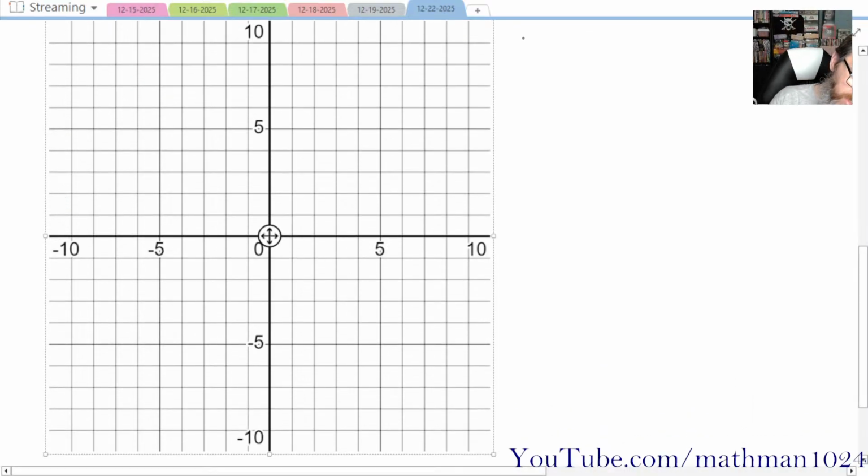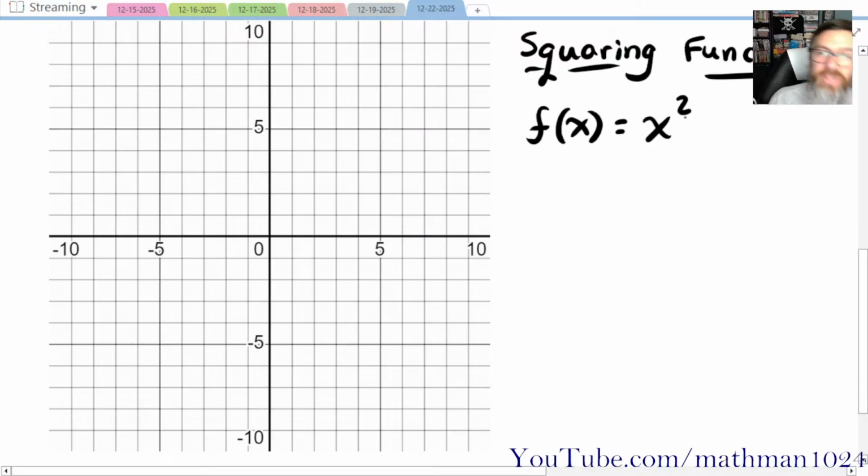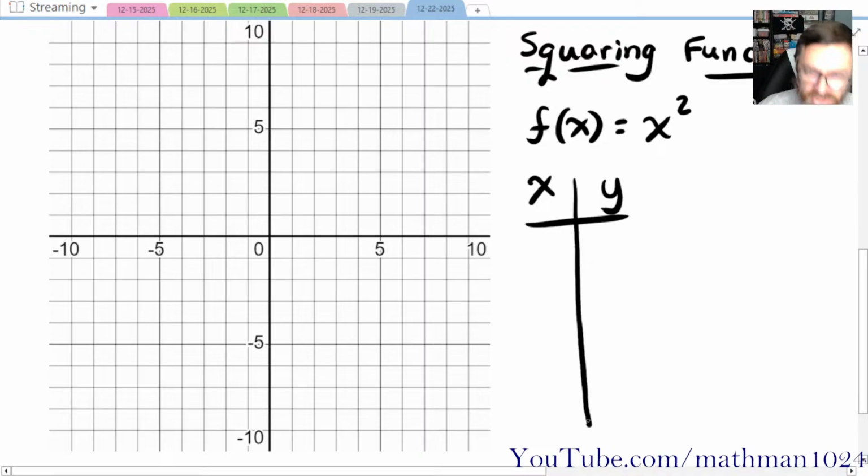The next parent function is called the squaring function. The squaring function does exactly what you would expect it to do. It takes every input and squares it, which is why it's f of x equals x squared. So just like we did above, I'll do a t-table of values to get an idea about what's going on, and I plug in -2, -1, 0, 1, and 2.